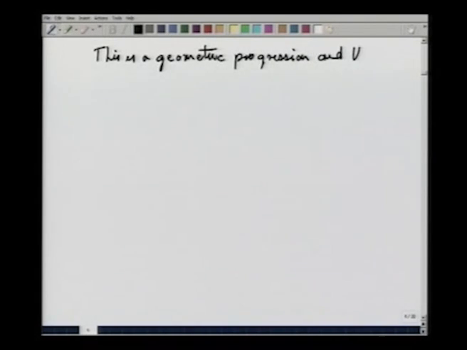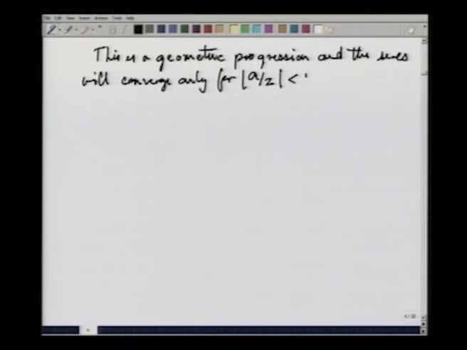And the series will converge only for mod a by z less than 1.